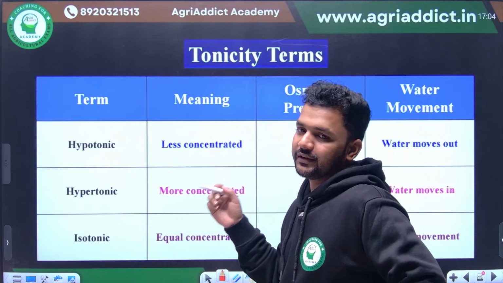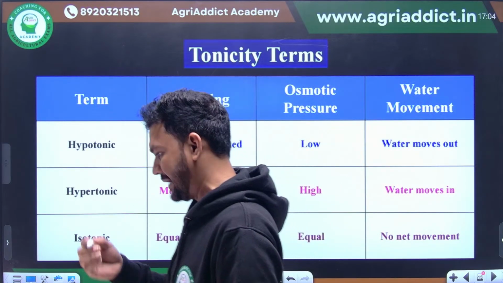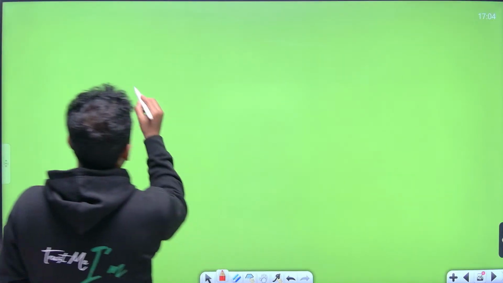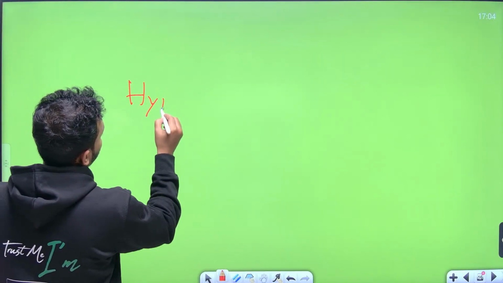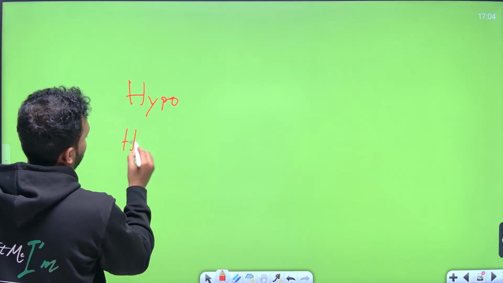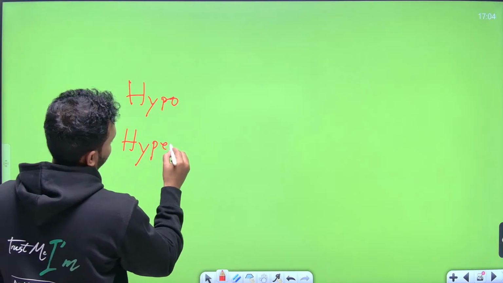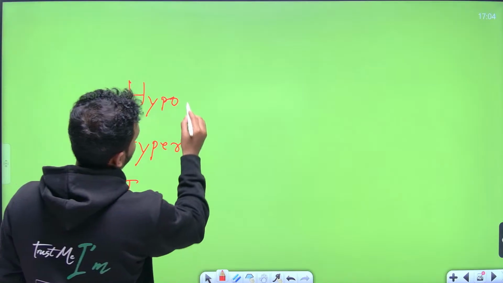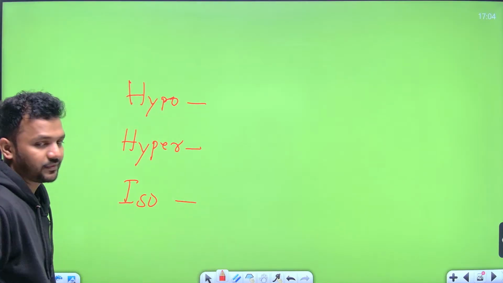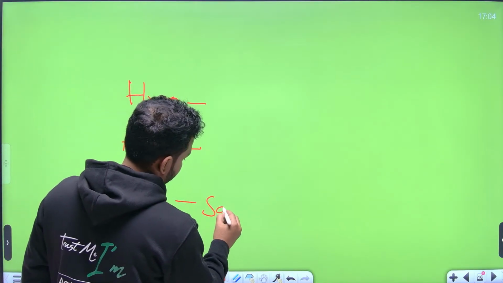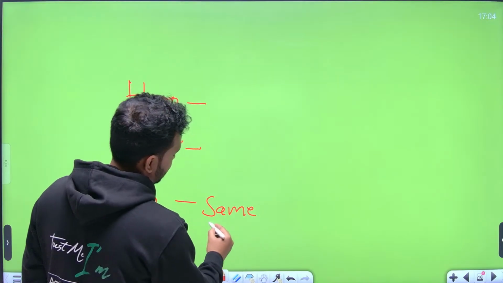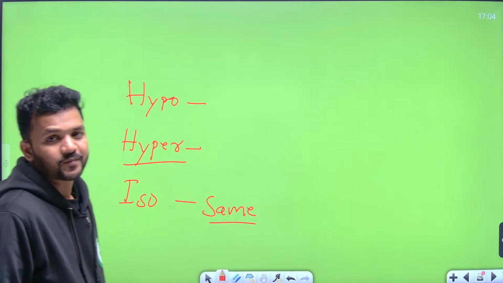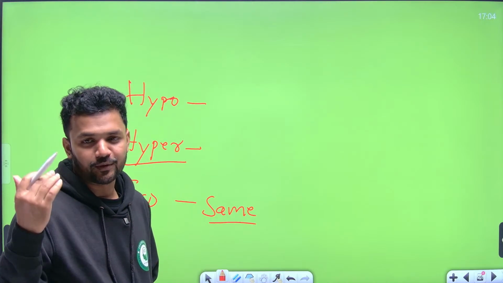In tonicity, the terms are hypo, hyper, and iso. Let's understand these three terms first. What is the meaning of these three terms? Iso means same.